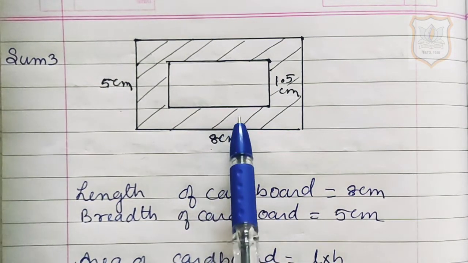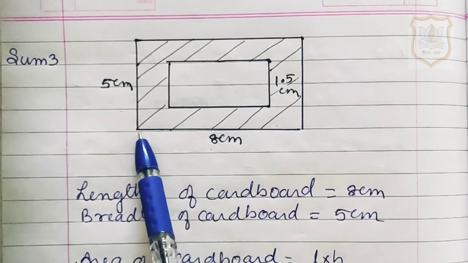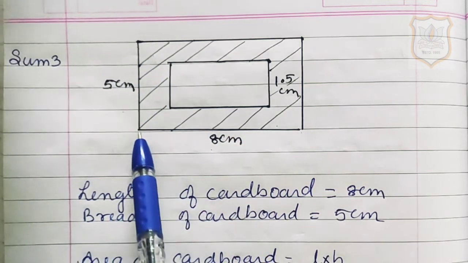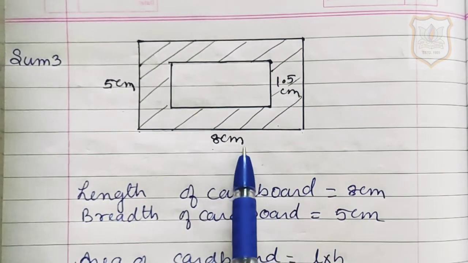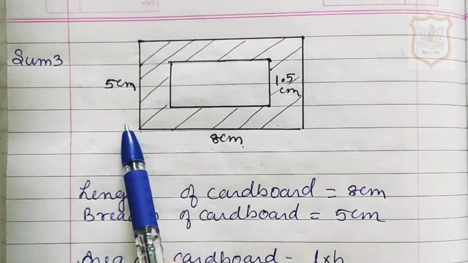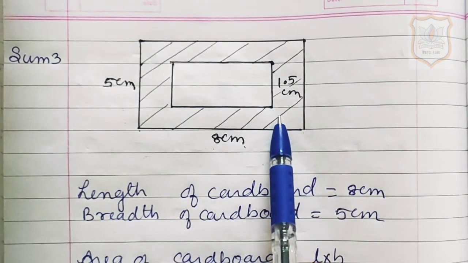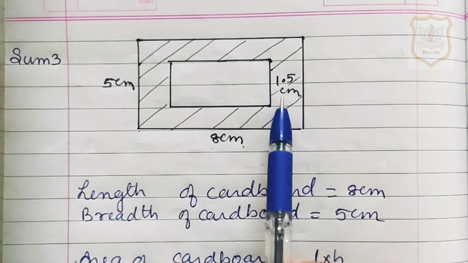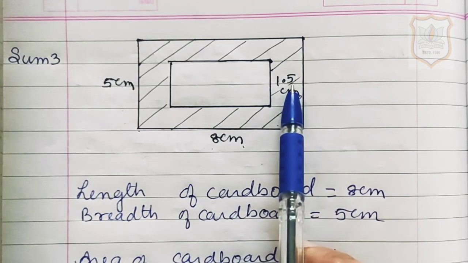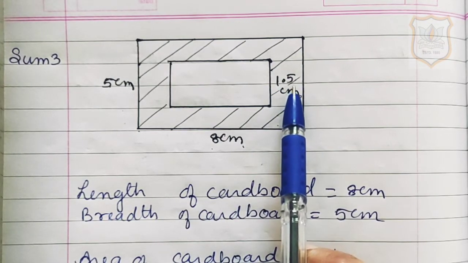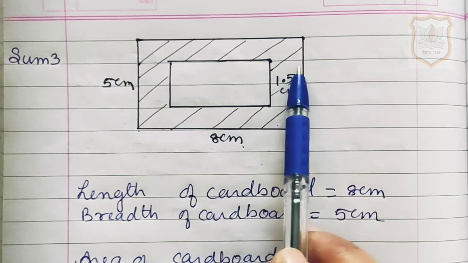Here students, a rectangular cardboard is given whose length is 8 cm and breadth is 5 cm. यहाँ पर एक rectangular shaped cardboard दिया है जिसका length 8 cm है and breadth 5 cm है. इस cardboard पे एक picture paint करनी है and picture paint करने से पहले आपको यहाँ पर 1.5 सेंटीमीटर का width छोड़ना है.